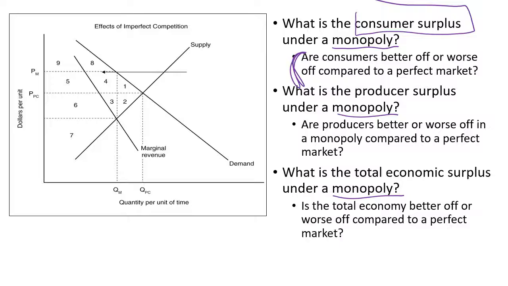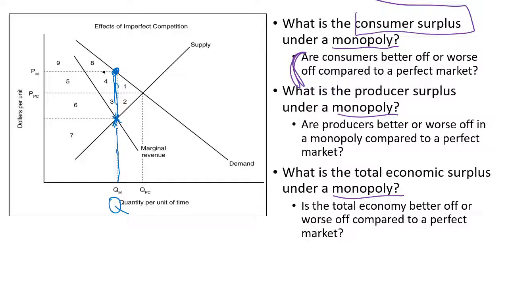So if you recall, under a monopoly, the quantity that is being produced is going to be set where the supply curve equals the marginal revenue curve. So that's how we're going to figure out the quantity that we're going to produce. And then we follow that quantity up to the demand curve.